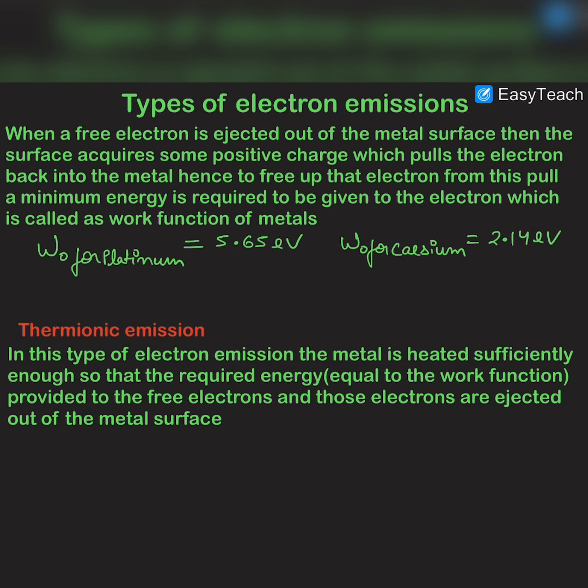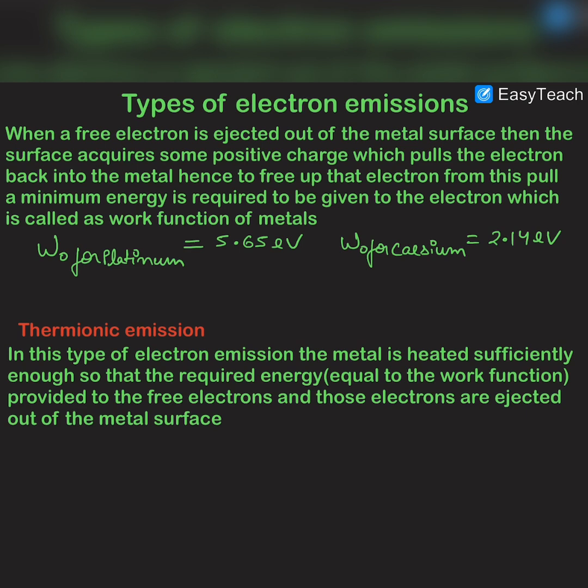So first of all, we know that when any free electron is ejected out of any metal surface, the metal surface acquires some positive charge on it, due to which that electron is being pulled back into the metal surface.